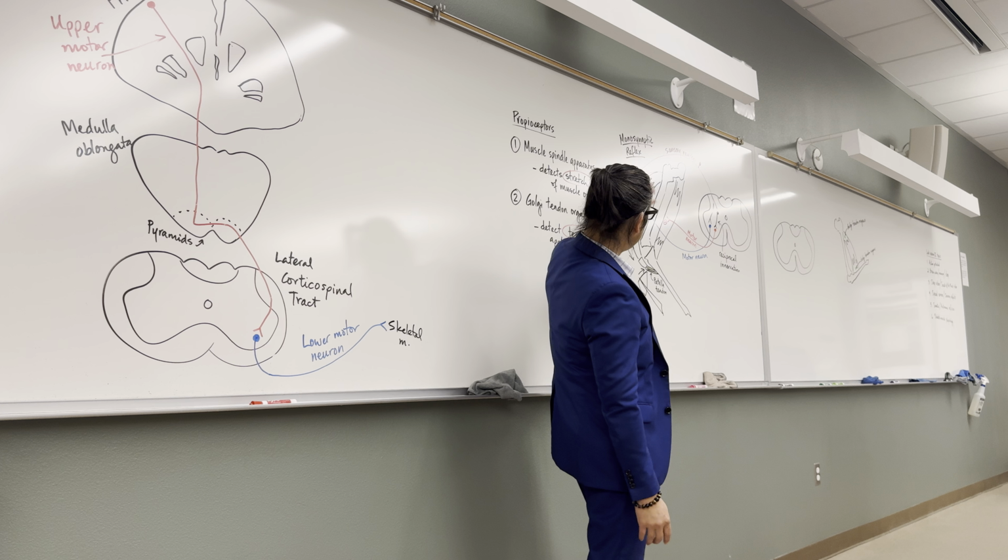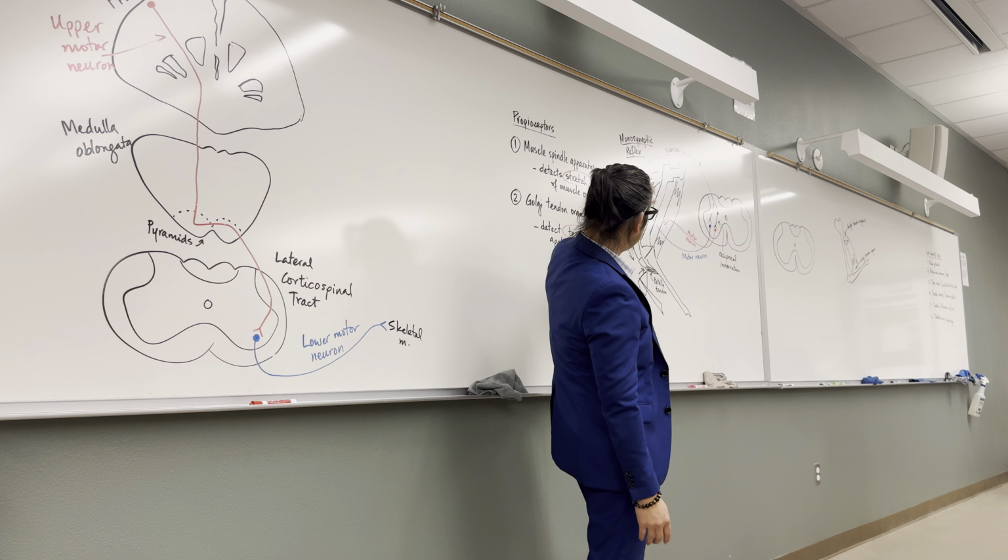Now this motor pathway, the axon here follows the tract along the spinal cord on the lateral side. So this tract is referred to as the lateral, and because this neuron starts from the cortex down to the spinal cord, corticospinal tract. Okay?